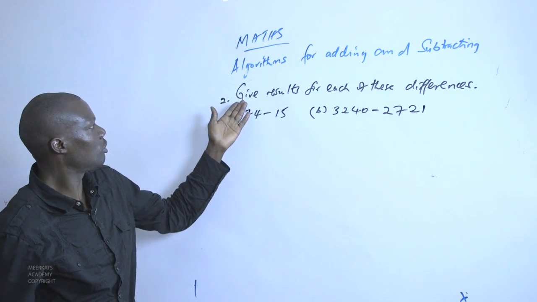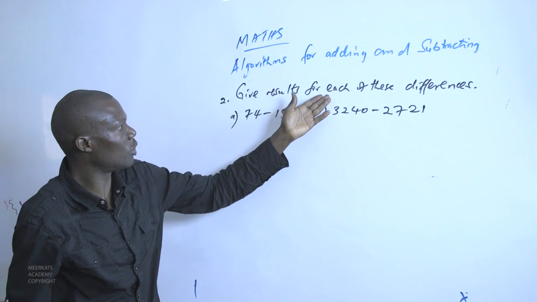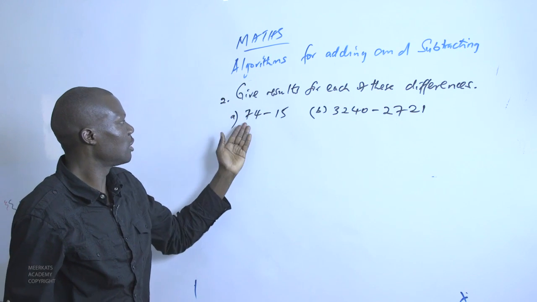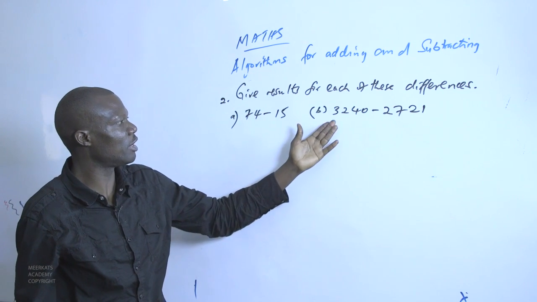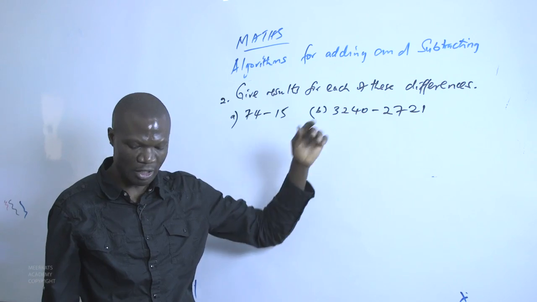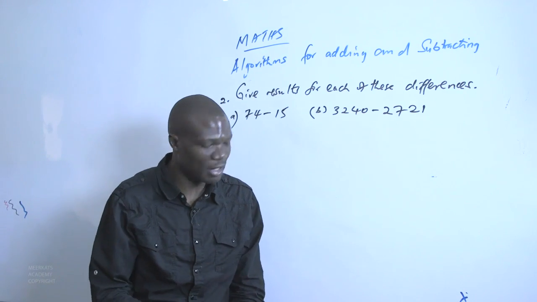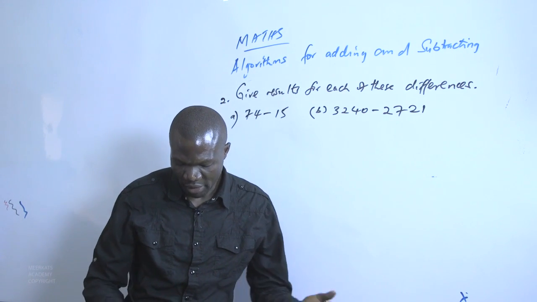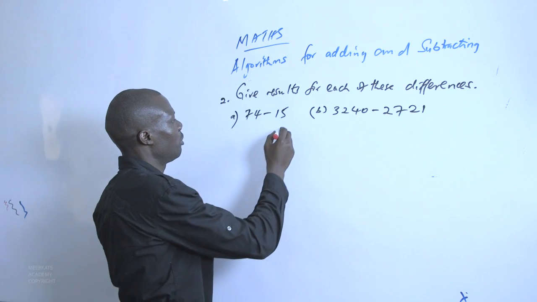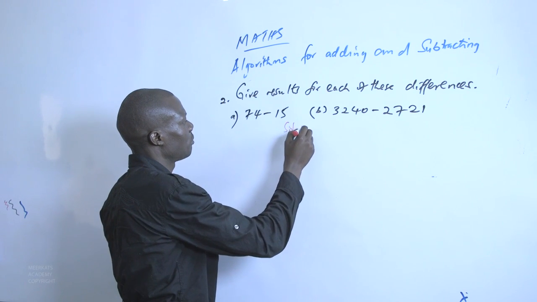So we have to give the results for each of these differences, 74 minus 15 and 3,240 minus 2,721. Let us start by looking at the first problem.